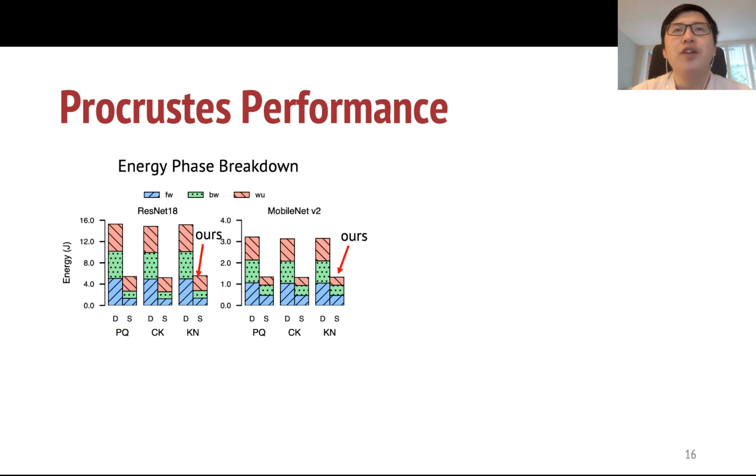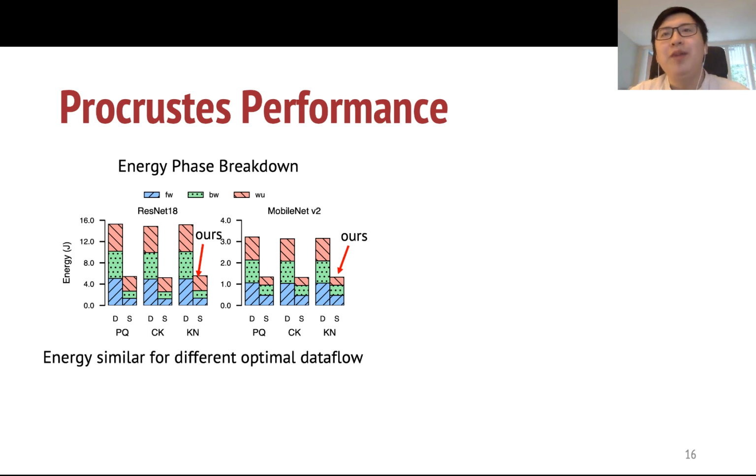So ours correspond to these two bars. The breakdown in each bar corresponds to energy spent in forward, backward, and weight update paths. We achieve energy saving across all training phases, and we find that the optimal energy of different data flows is quite similar, so we still obtain energy optimality when switching to a different data flow.